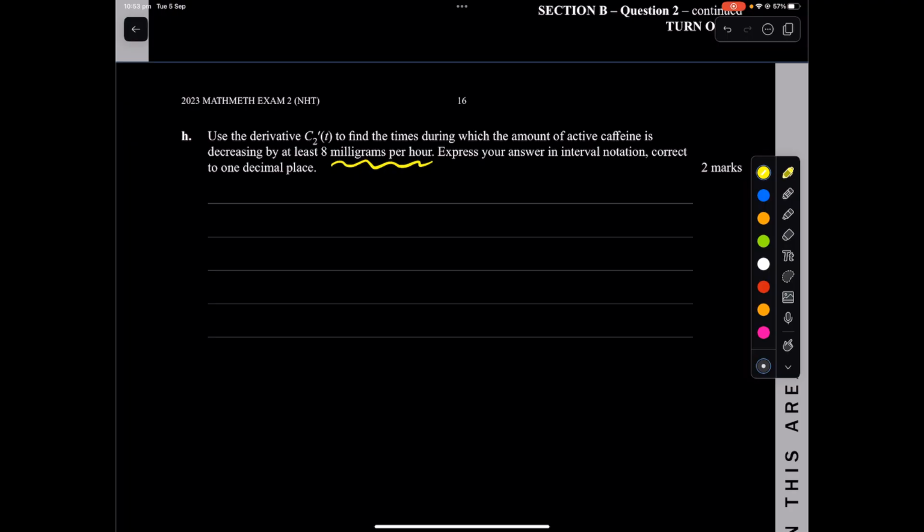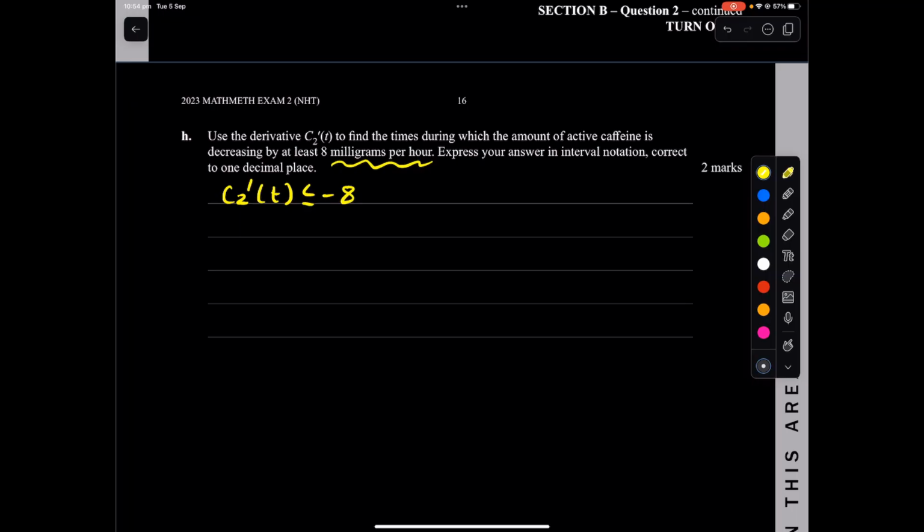So what we want to find is when C2 dash of t is less or equal to negative 8, because they tell us at least 8 milligrams per hour, and the caffeine is decreasing. So we want to make sure that's negative 8.